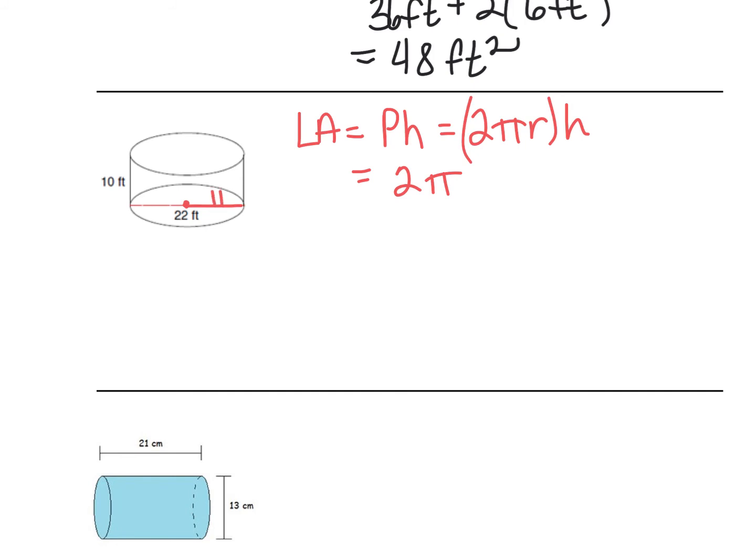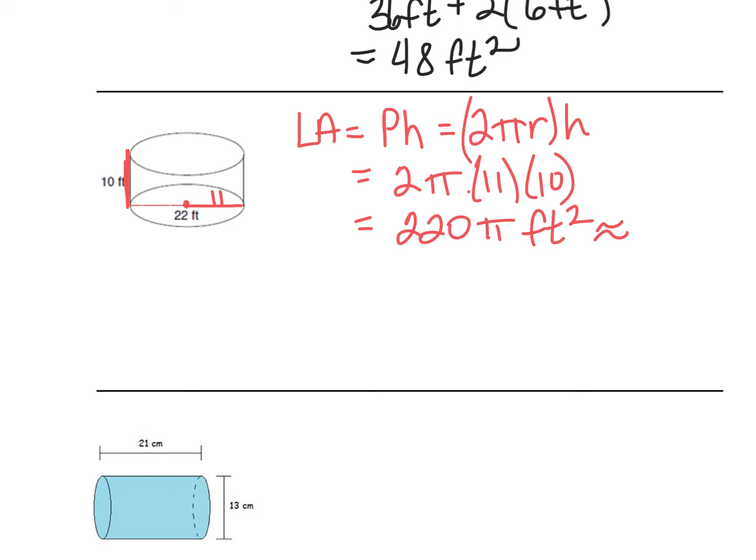So we have 2 pi times 11 times our height, 10, which is right here, the distance between our 2 parallel bases. Okay, so we will multiply this together, and I get 220 pi square feet, which is approximately 691.15 feet squared.